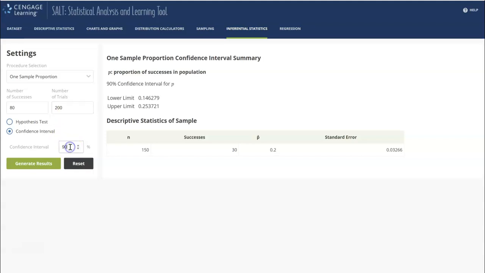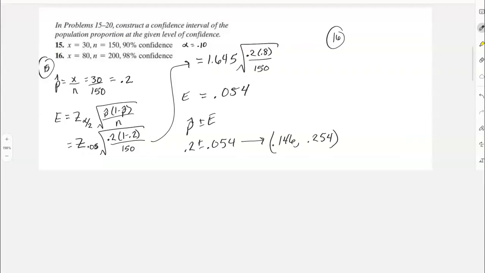We want to be 98% confident. So we're going to generate some results. And we've got a lower bound and an upper bound here. All right, so I'm going to write those in our notes. So my confidence interval, I'll write it this way, is between 0.319 and 0.481.